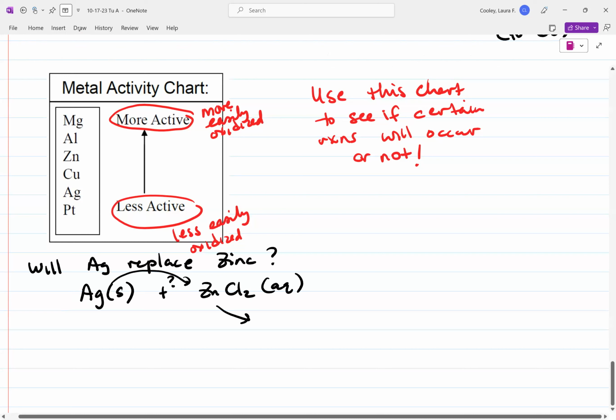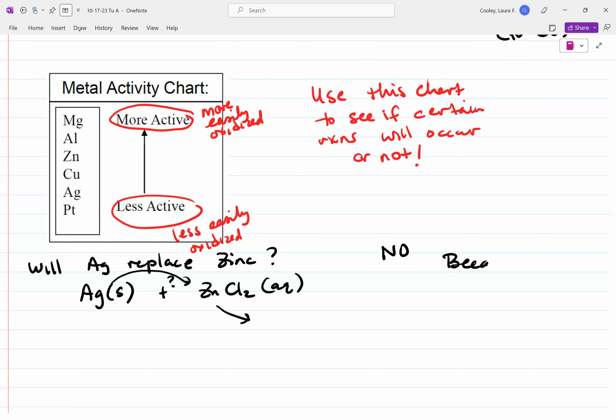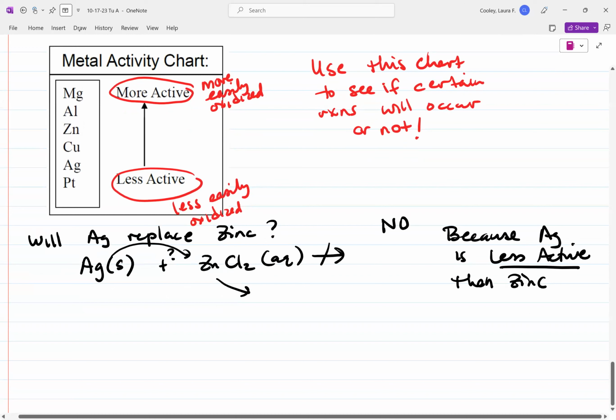That's right. The answer is no. And the reason is because silver is less active than zinc. How do I know that? I know it because I looked at the chart, and zinc is on top of silver. So it's more active. You could see that. So there will be no reaction.